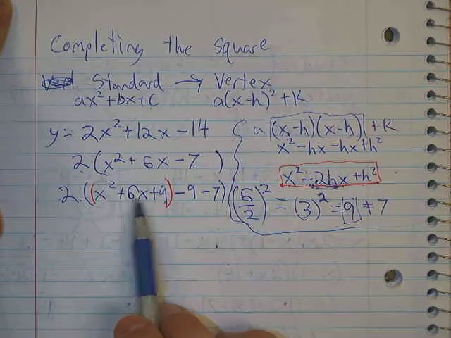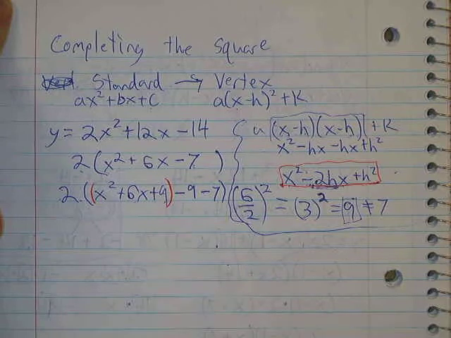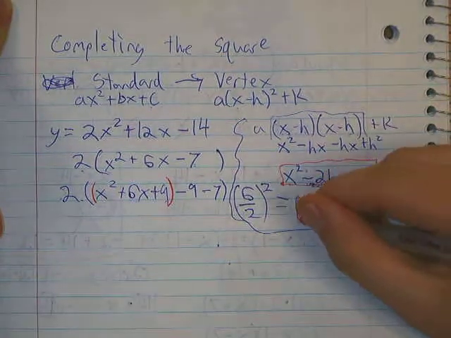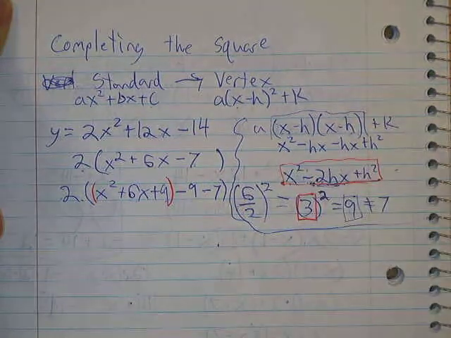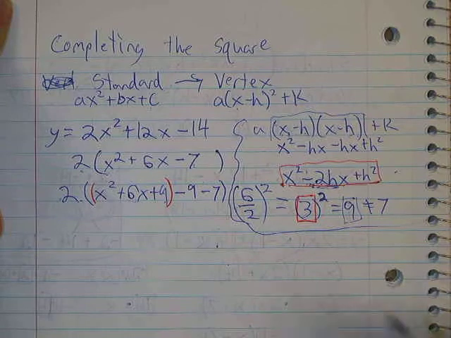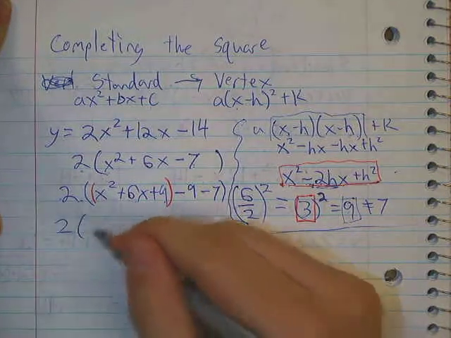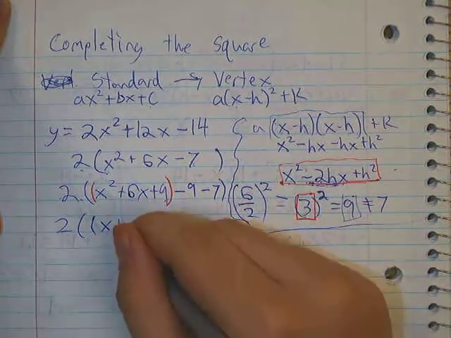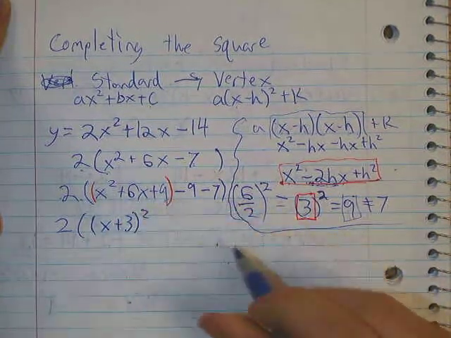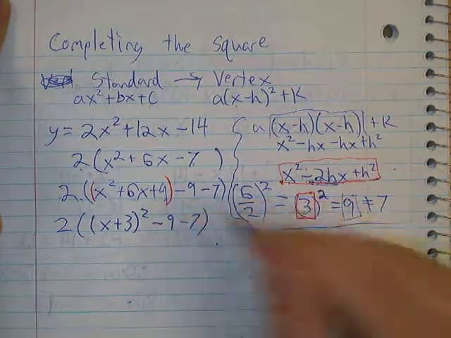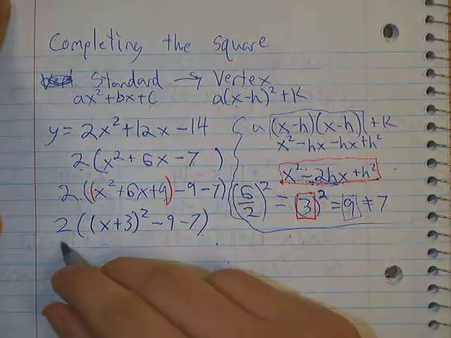Now, that h value should always be half of this number, and half of that should be the same as the square root of this number out here. It should always turn out to be this number that you have in this parentheses here before you square it. So you should get 2 times (x plus 3) squared, and then I'll just bring down the rest of my problem.